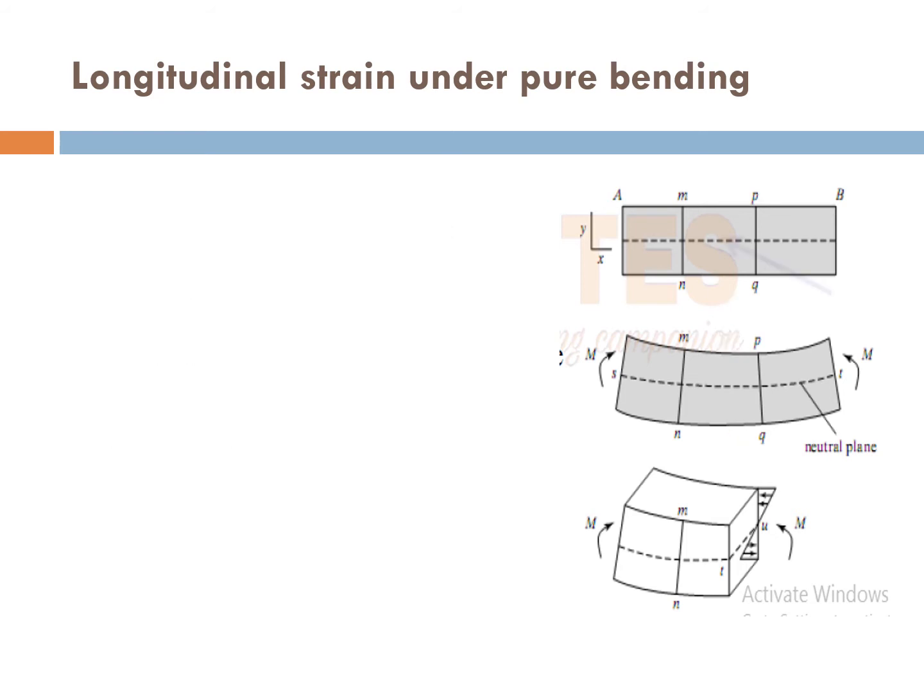Somewhere between the top and bottom of the beam is a surface in which the longitudinal lines do not change in length even if subjected to bending stresses. This surface, indicated by the dashed line ST, is called the neutral surface of the beam.